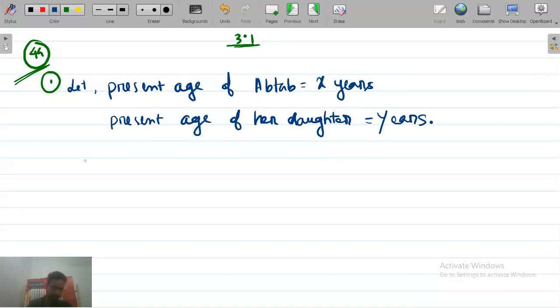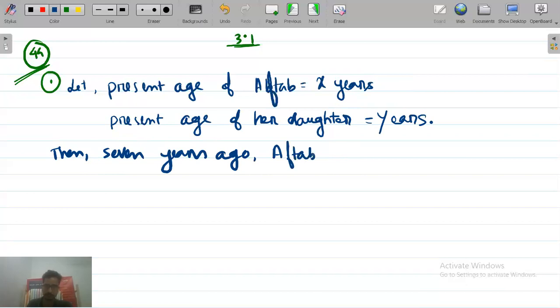So write down, 7 years ago Aftab's age was x minus 7 years. Yes, have you understood, all of you? If you have any doubt, ask me in the comment box or our WhatsApp group.